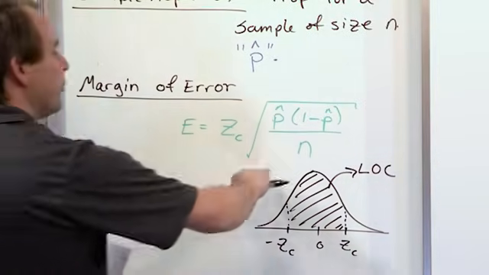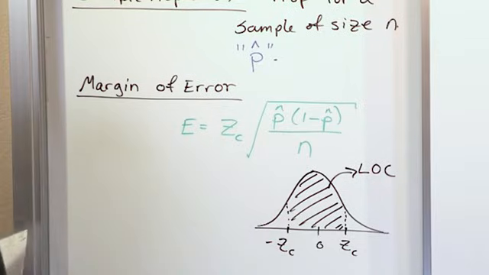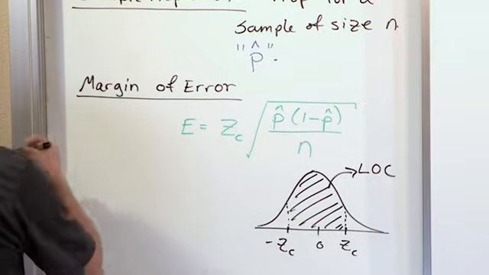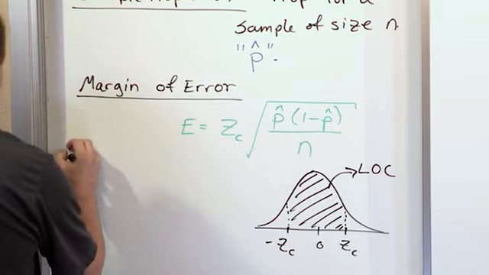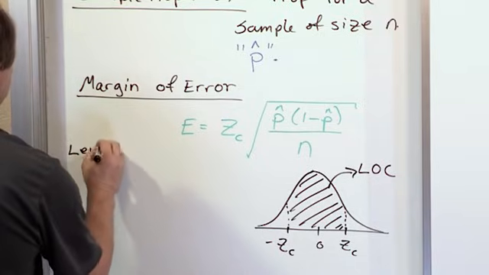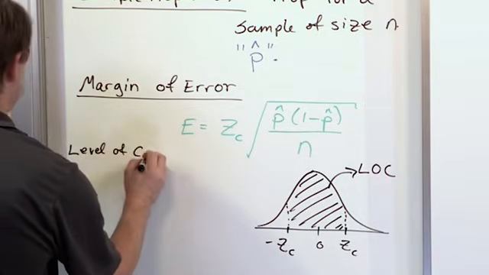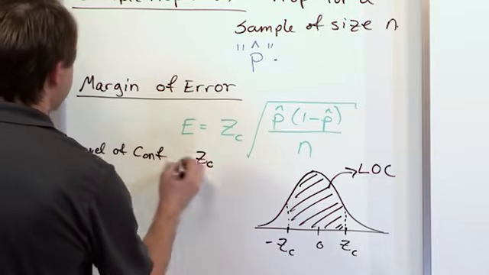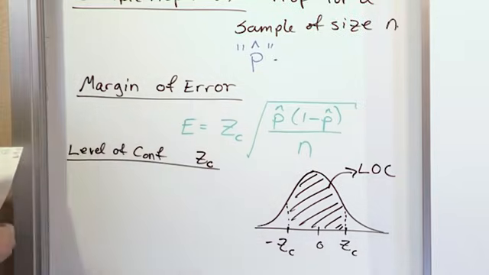Because it's a normal distribution, and because a normal distribution doesn't ever change, we were able to construct a table that helped us. So I'm going to say level of confidence, and this is the critical value of Z sub C. I've actually given you this table in the last volume before.